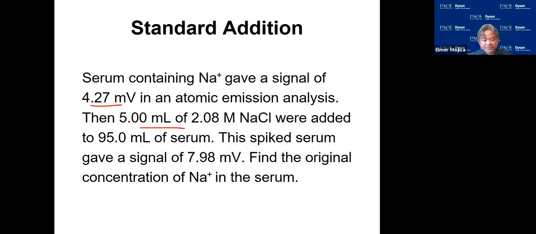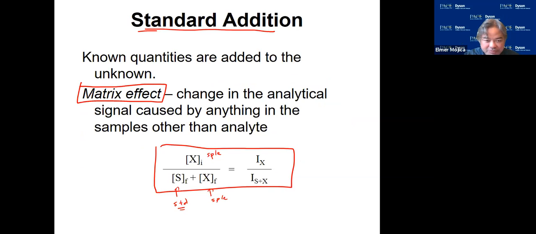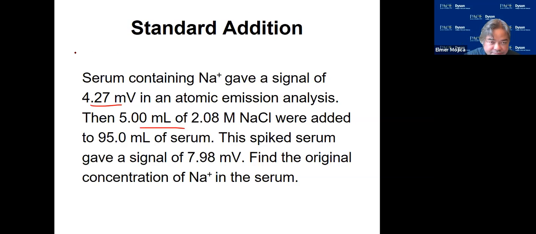So if we look at what we have: XI, SF, XF, and also IX and IX plus S.